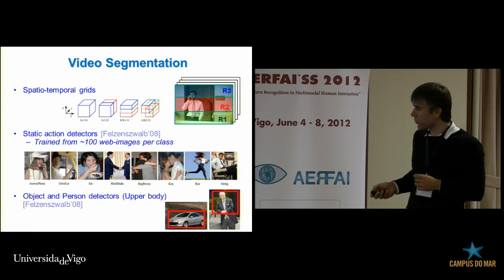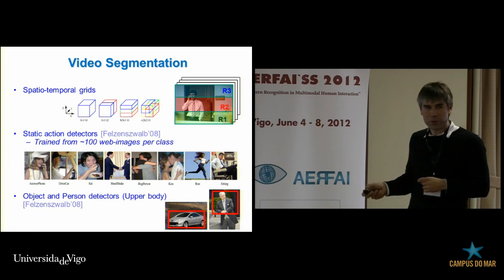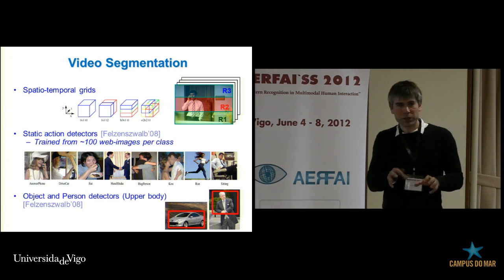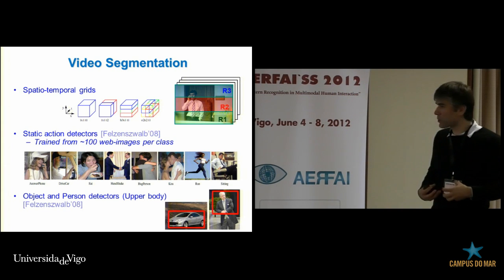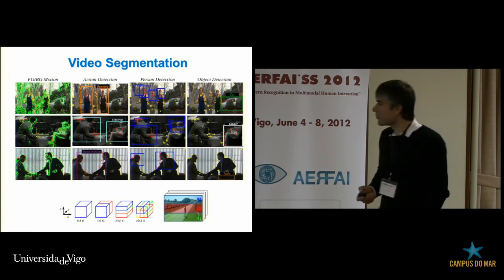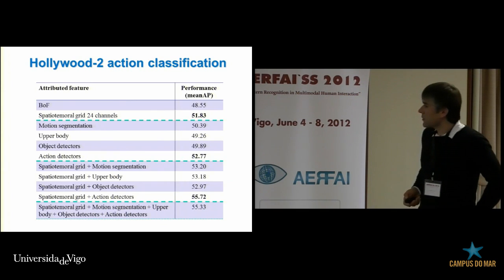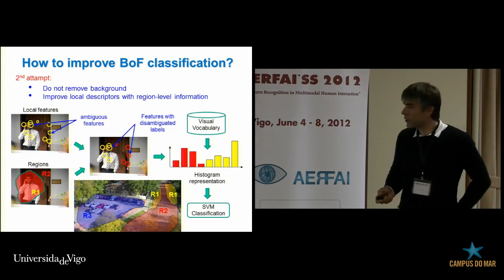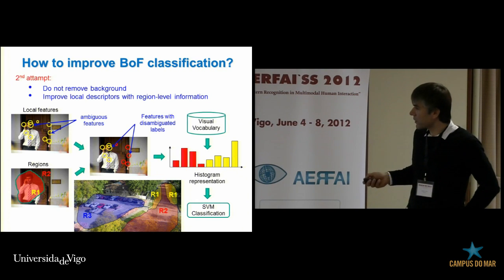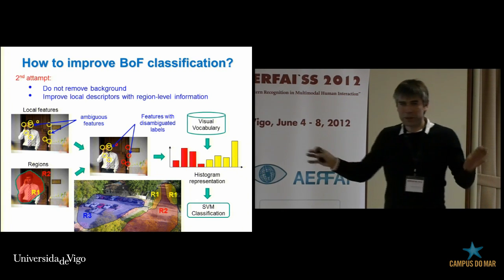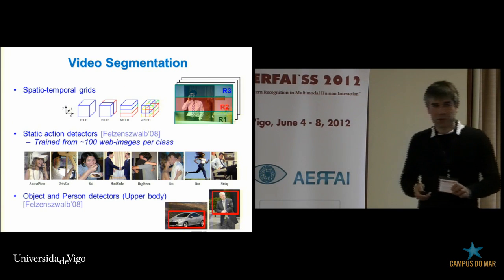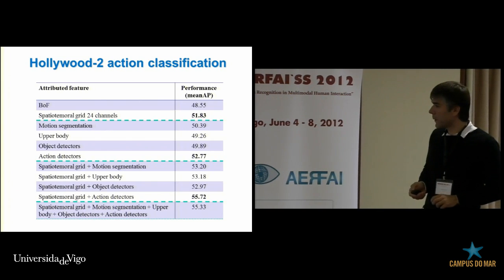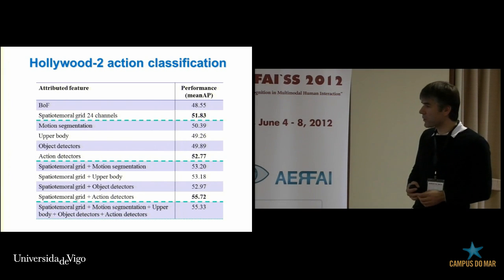We can also do it for object classes like cars and people. For each type of detector, we collect histograms and then concatenate them into a representation. Here is really the difference: once we have different regions, we compute bag-of-words for each and concatenate into one representation, and then run the standard SVM.